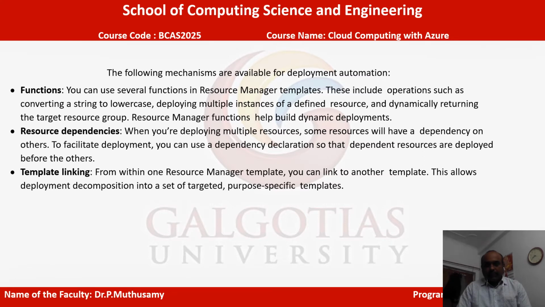Functions: you can use several functions in Resource Manager templates. These include operations such as converting a string to lowercase, deploying multiple instances of a defined resource, and dynamically returning the target resource group. Resource Manager functions help build dynamic deployments.